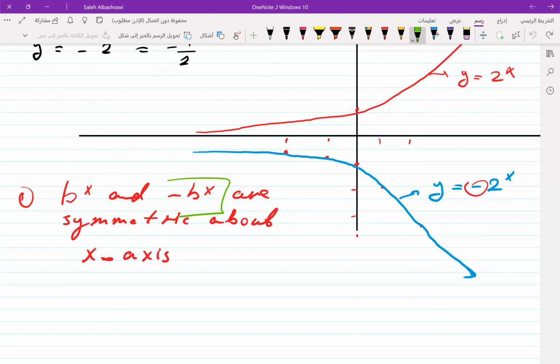If we multiply the function by negative sign, then we have reflection around the x-axis. If we multiply the power by negative sign, we'll have reflection about the y-axis.